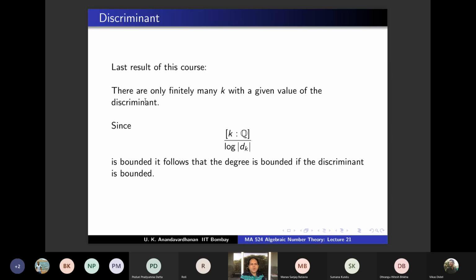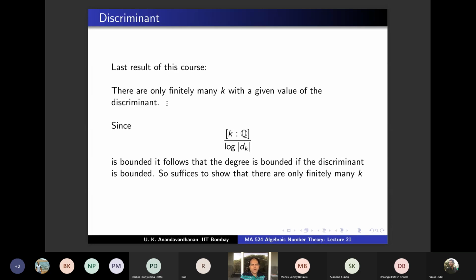And therefore, without loss of generality, it suffices to show that there are only finitely many K with a given value of the discriminant.